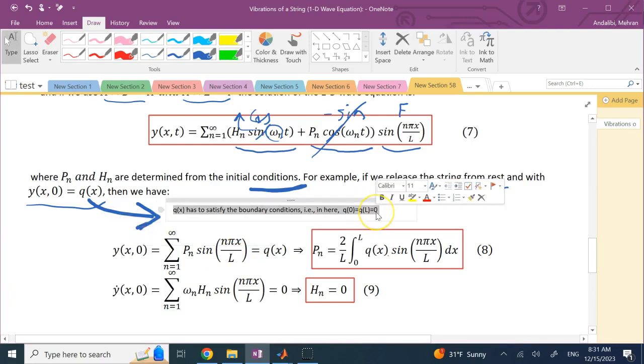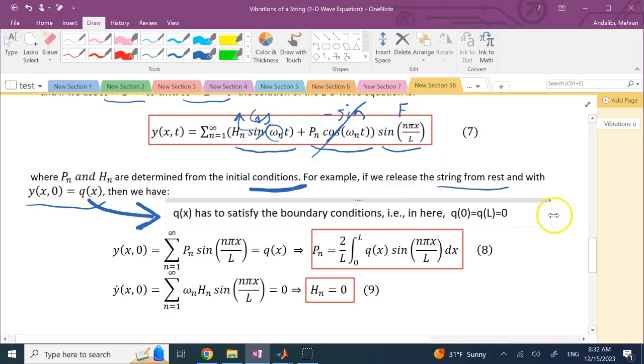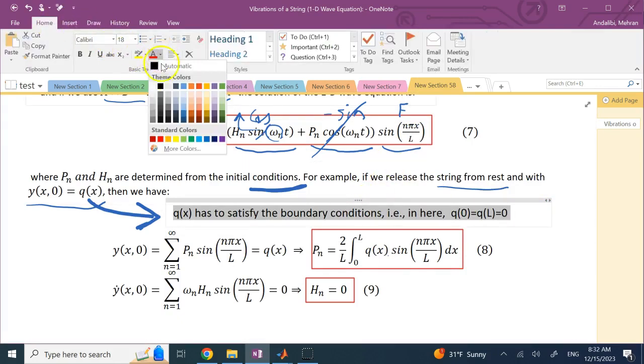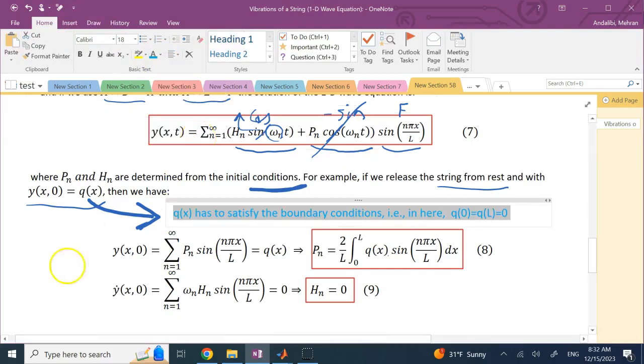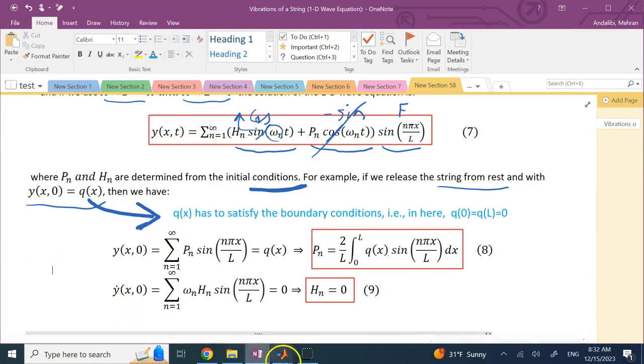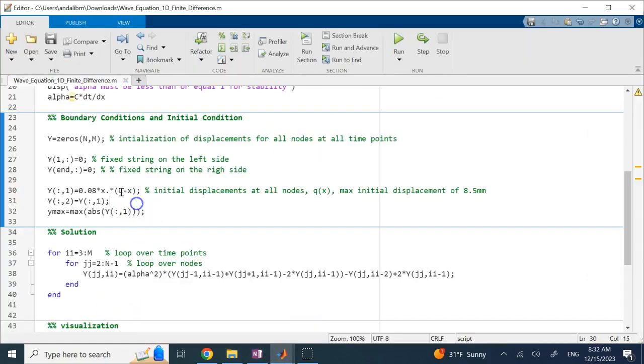So whatever function you choose, make sure that it satisfies the boundary conditions. I'll put that down here so you know that this Q of X has to satisfy it, and in this case you see it does, because it's X times L minus X, so it's 0 at 0 and L.